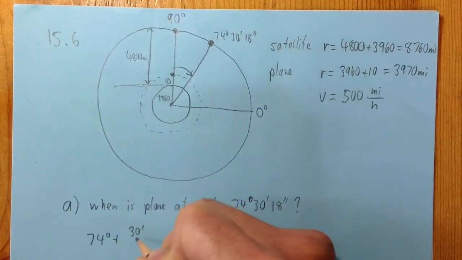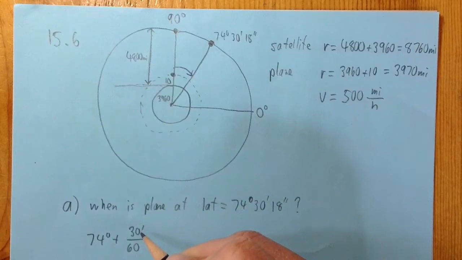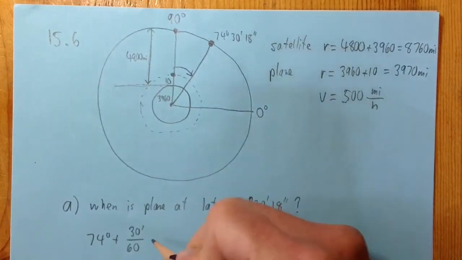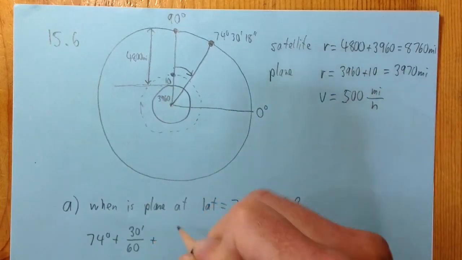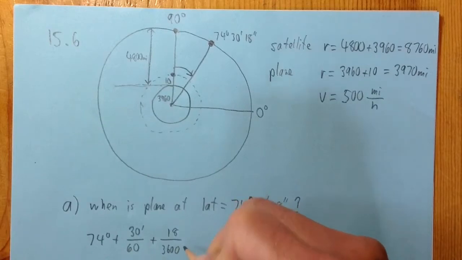You divide the 30 minutes by 60 to get degrees, because there are 60 minutes in a degree, plus the seconds, which you divide by 3,600, because there are 3,600 arc seconds in a degree.